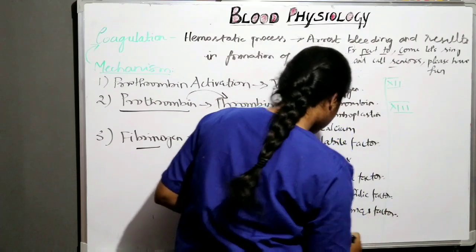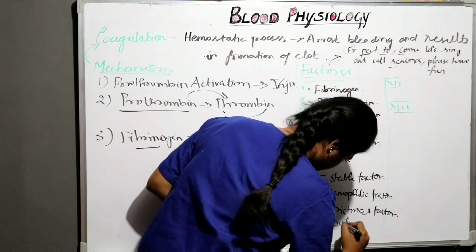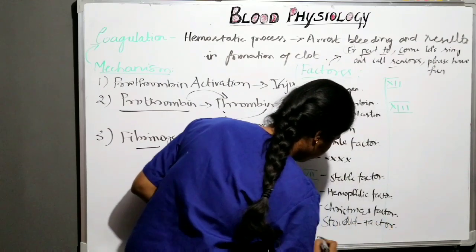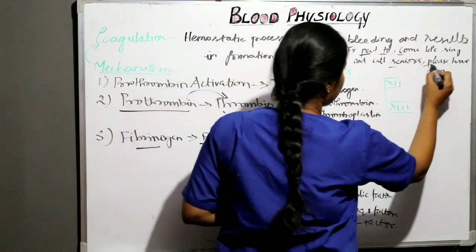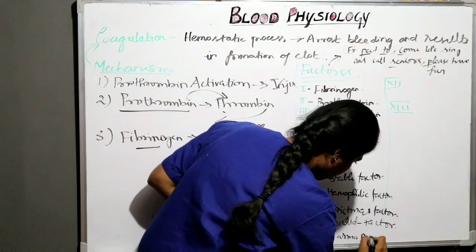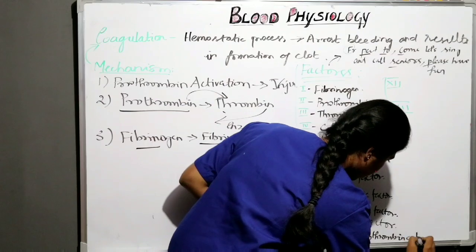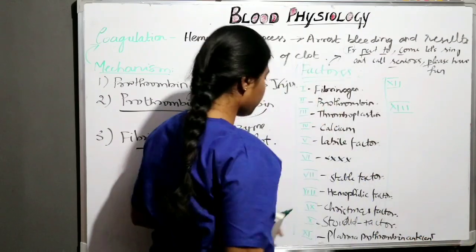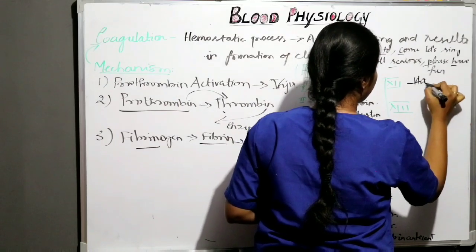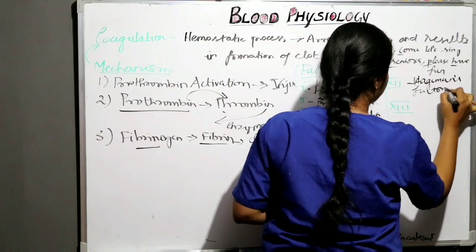The 10th one is Stewart factor. The 11th one is plasma thromboplastin antecedent. The 12th one is Hageman's factor.